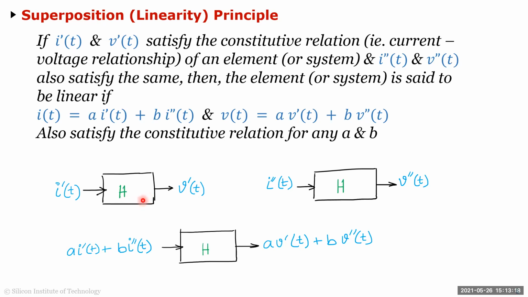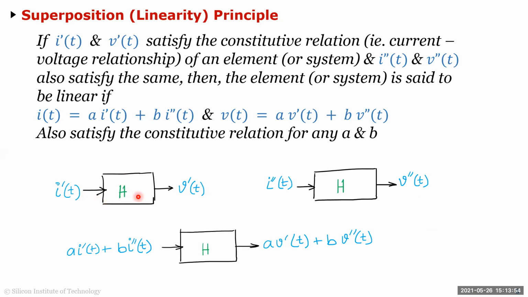If you want to analyze a square wave or any arbitrary signal, you know that any arbitrary signal is a combination of sine waves. So you can find the response to every sine wave and add them up together, and that gives you the response of the entire system. That comes from linearity or superposition. But if it is nonlinear, then you can't do superposition.